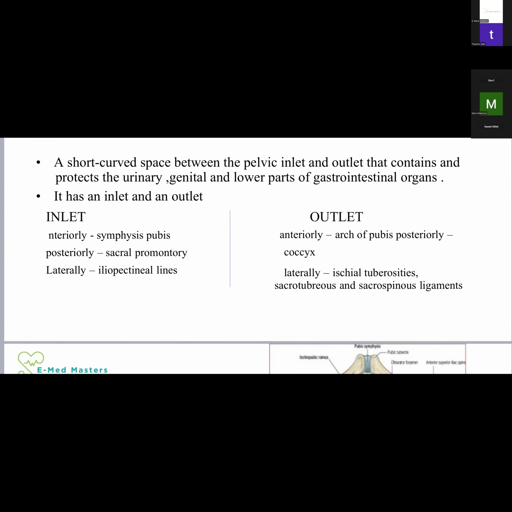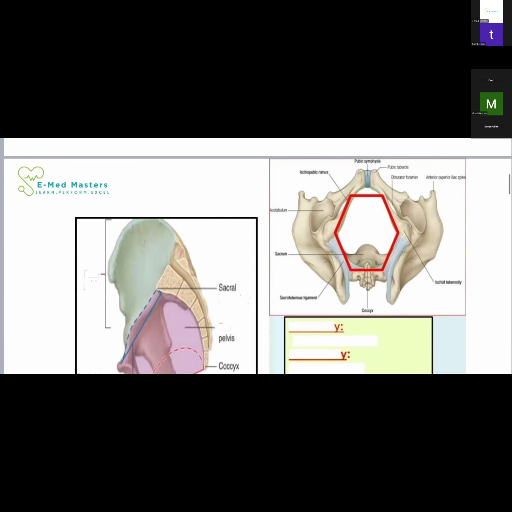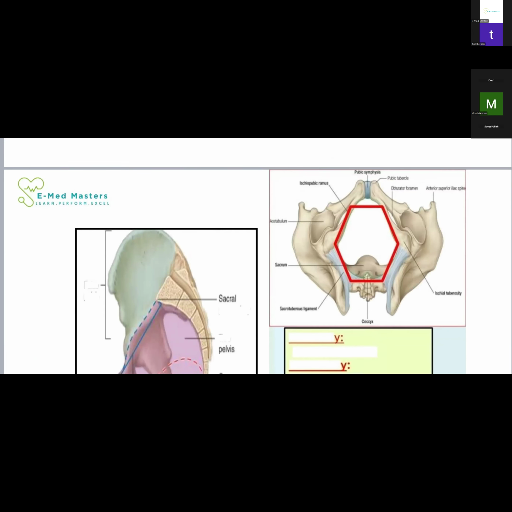So the outlet is formed anteriorly by the subpubic arch, posteriorly by the coccyx, and laterally by the ischial tuberosity, sacrotuberous, and sacrospinous ligaments. This is shown in the picture. Anteriorly it is the pubic symphysis, posteriorly the coccyx, sacrum, and two joints, and two ligaments, the sacrotuberous and sacrospinous ligaments, and laterally the iliopectineal lines.